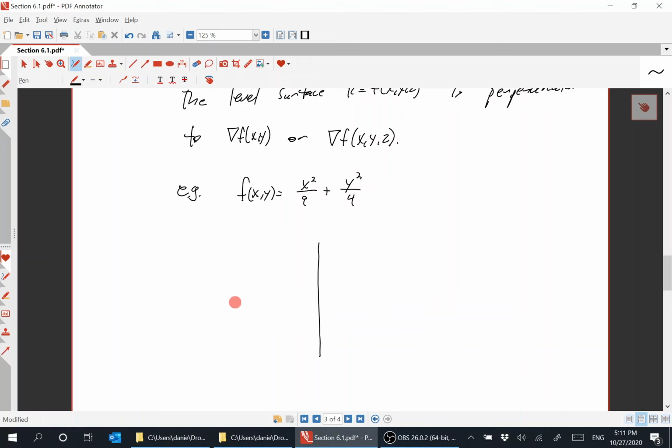Well, for z equal to 0, you're just going to have the origin. And then for z equal to 1, you're going to have the ellipse whose radius on the y-axis is 2 and on the x-axis is 3. You get this ellipse here.